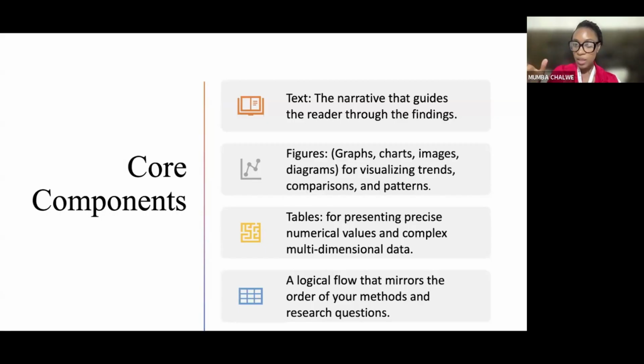So don't get carried away in the many data points you come up with. Focus on one. What was the gap? What was the objective? And what's your methodology? Use that to guide you. And that will help you not be too verbose and not go overboard with data dump. Okay.